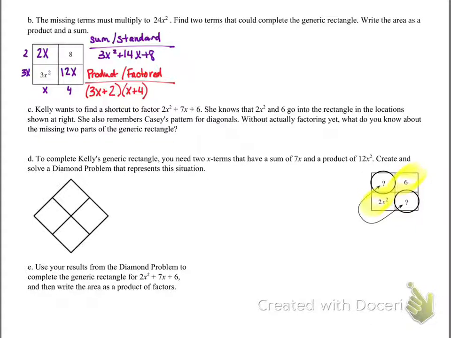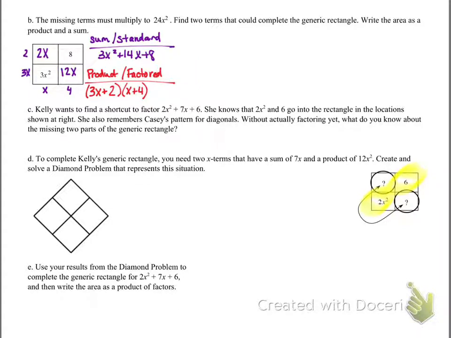She also remembers Casey's pattern for diagonals without actually factoring yet. So this magical thing we don't know how to do yet. What do we know about the missing parts? So, what does Kelly always do?